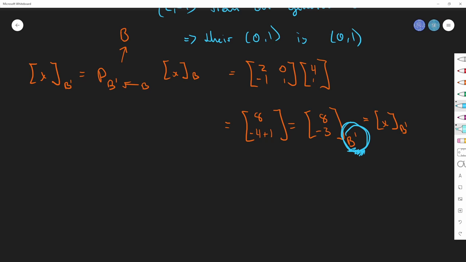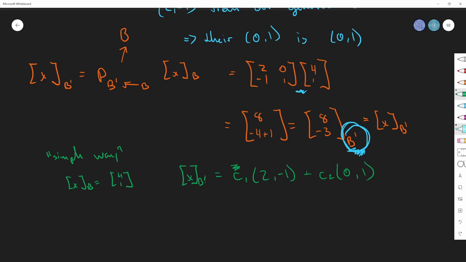There is a much shorter way, where you don't have to do the matrix multiplication if you forget. The other way, which is a quote unquote simple way, is this: we know that x_B is equal to (4, 1). So x_B prime would be equal to some constant times (2, -1), plus some other constant times (0, 1).